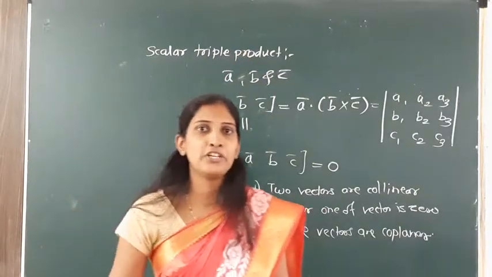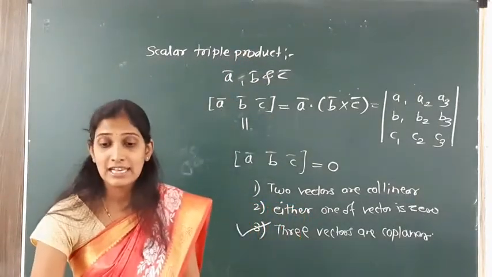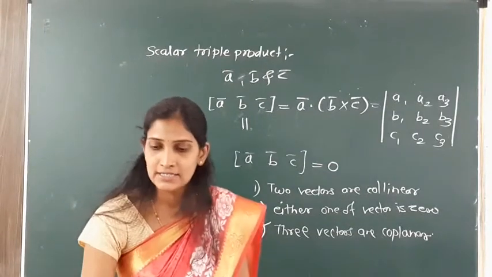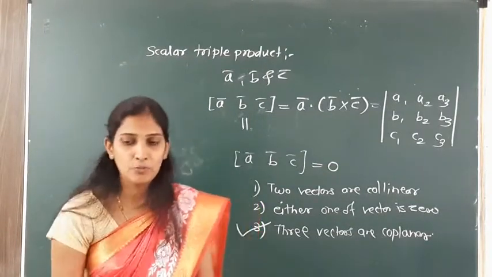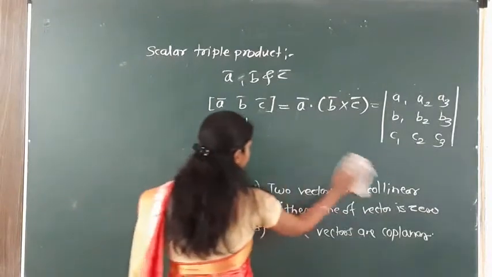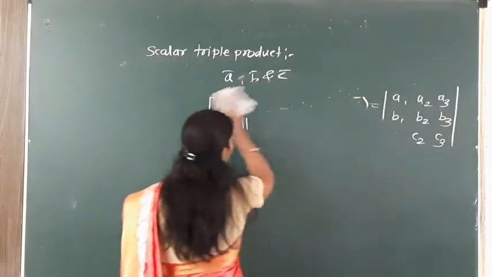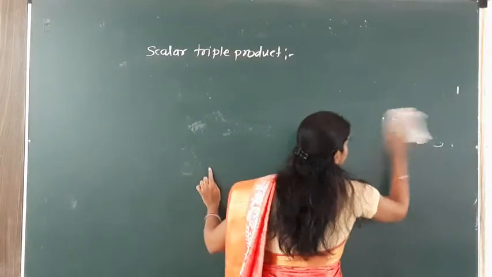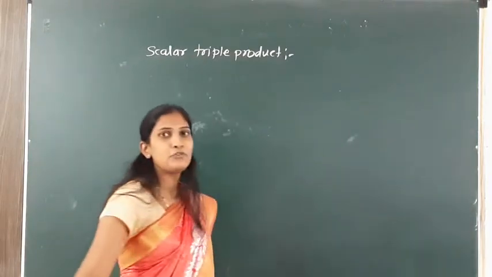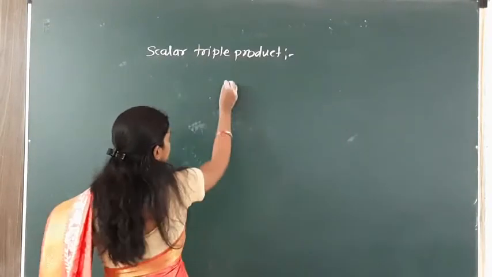Now, next and last point is the volume of a parallelepiped and the volume of a tetrahedron. What is the formula for the volume of a parallelepiped?